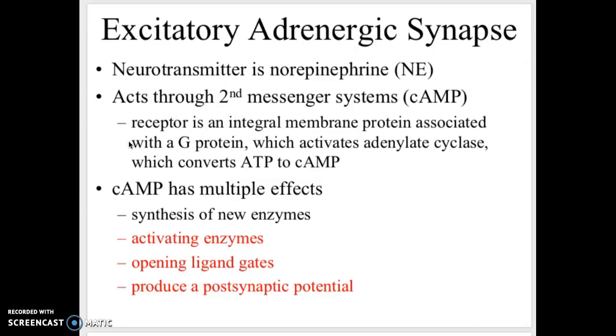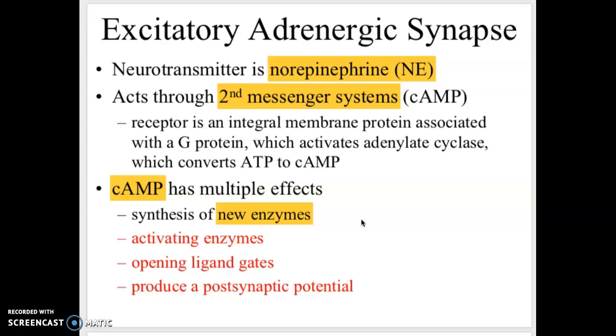Another example is the excitatory adrenergic synapse. Here, the neurotransmitter that gets released is norepinephrine. You'll see it abbreviated NE. Norepinephrine works through a secondary messenger system, and I don't care that you know all the specific details, but basically it eventually causes a release of cyclic AMP, which can synthesize new enzymes.